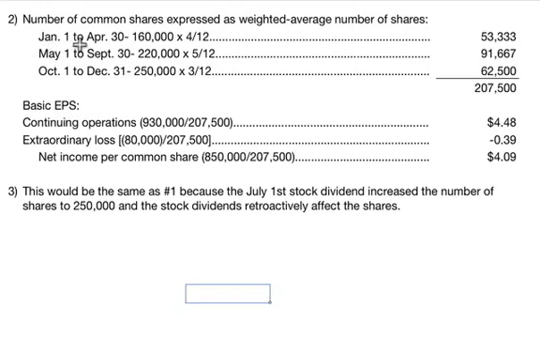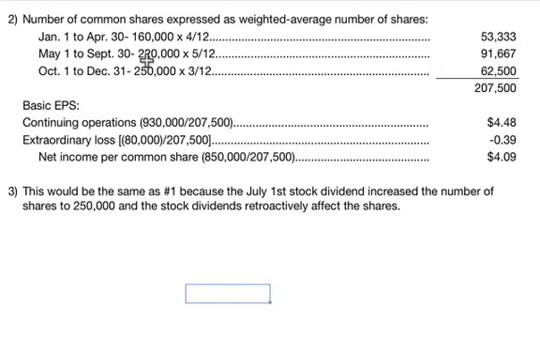From January 1st to April 30th, that's 4 months: January, February, March, and all of April. So you have the 160,000 shares times 4/12, because we want the weighted average number of shares. That gives you 53,333.